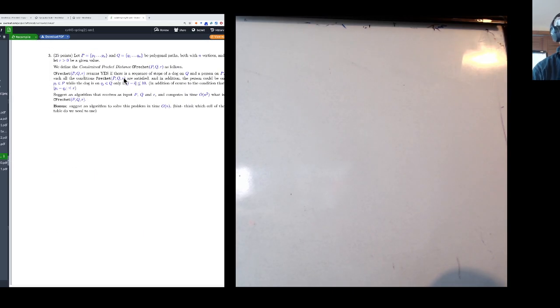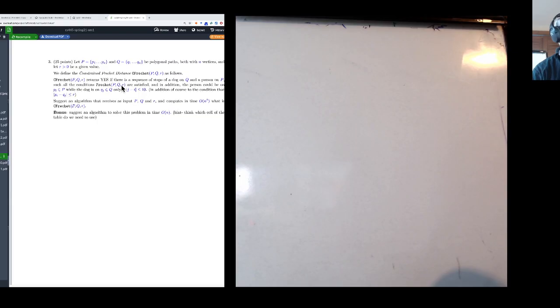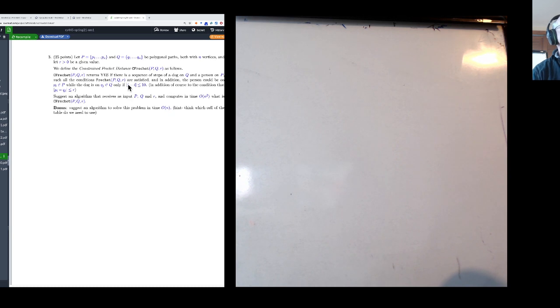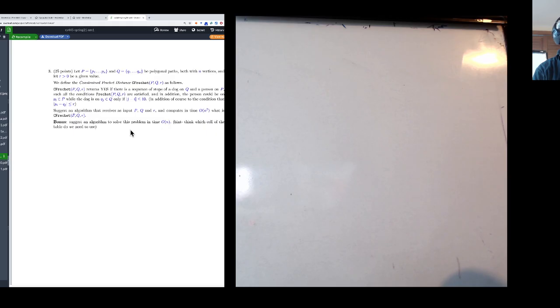The Fréchet problem, a lot of people got right, but some people didn't know the correct algorithm for the normal Fréchet. Most people that understand how the normal Fréchet works managed with this problem just fine. And a lot of people got close to the bonus, but did not nail the n square completely because you have memory of how you initialize the values.